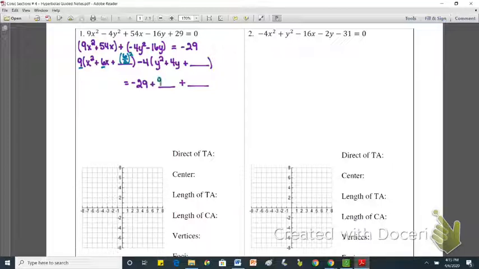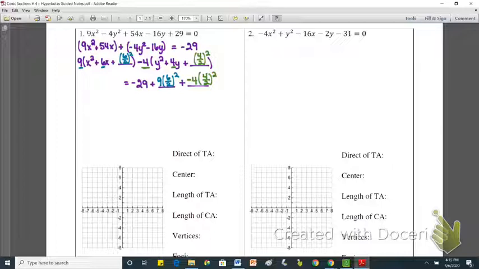So I'm going to bring down the coefficient along with my b over 2 squared. Here, it's going to be 4 over 2 squared. But this time, I need to bring the negative 4 with it. So it's going to be a negative 4 times 4 over 2 squared.